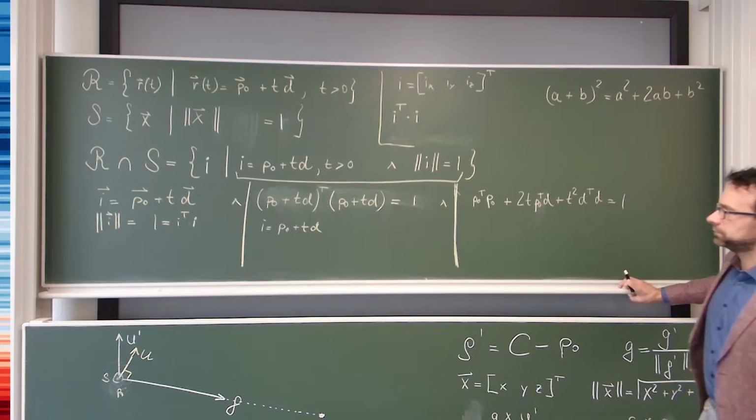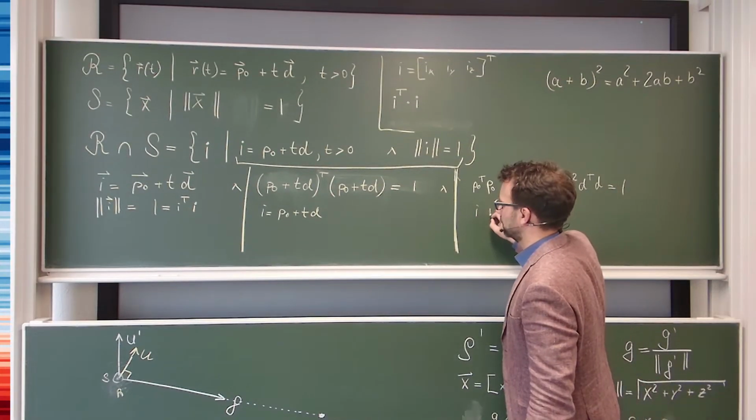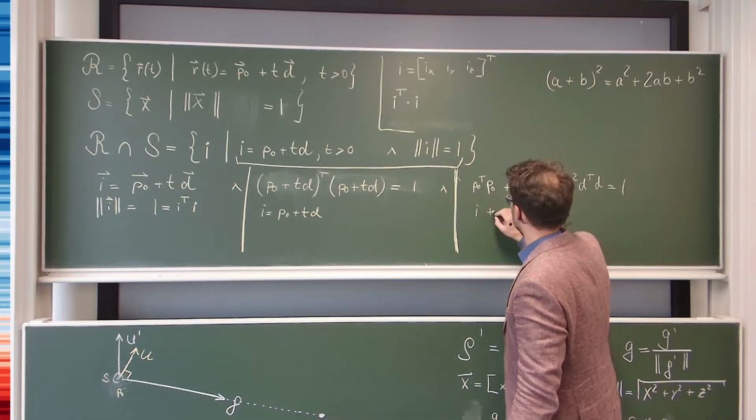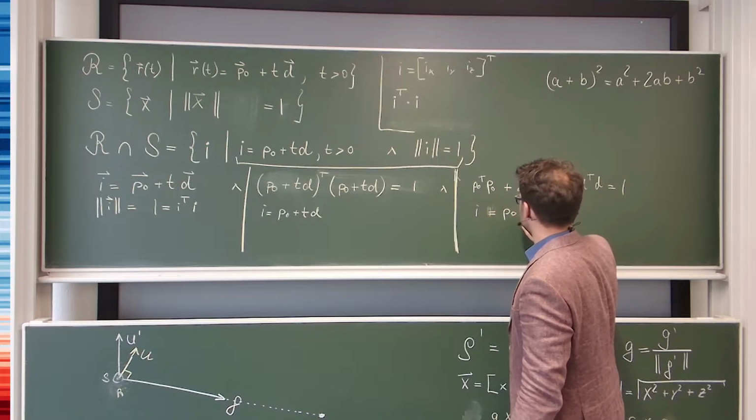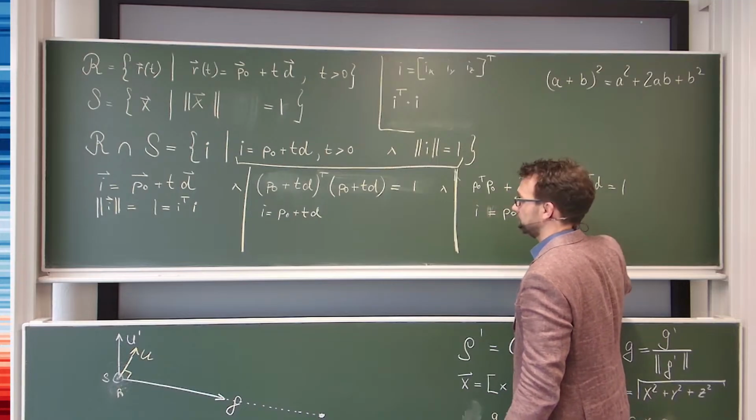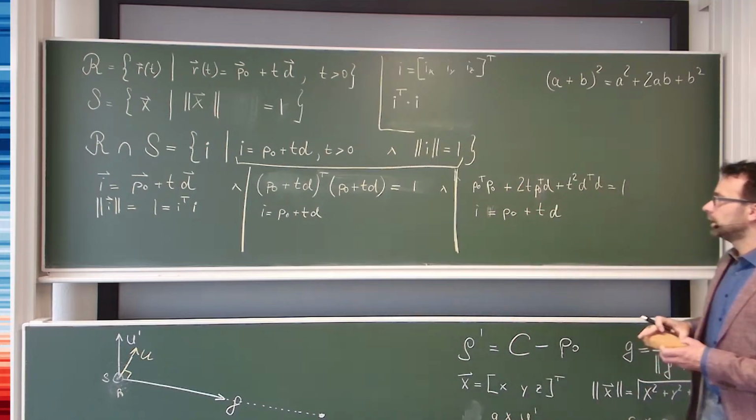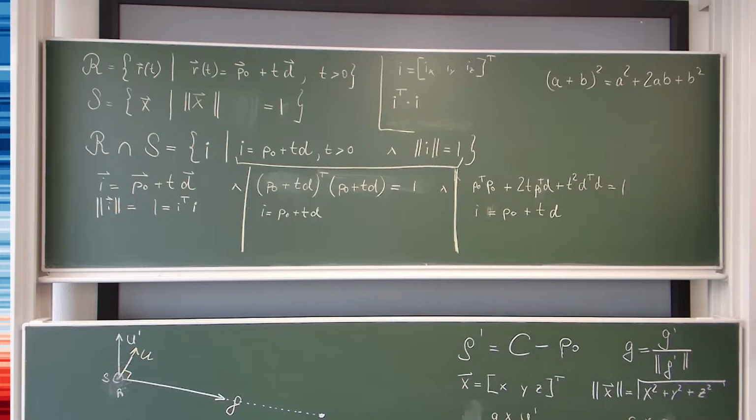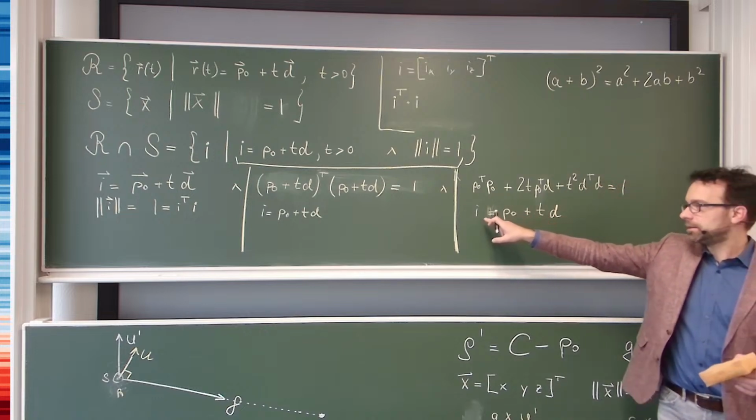Good. And I equals p0 plus t d. Then again, how do you solve this one for t? Because you need to solve this one for t in order to put t in here to get the I.